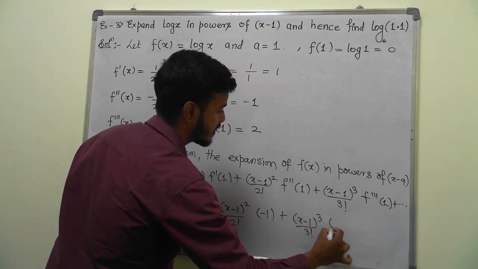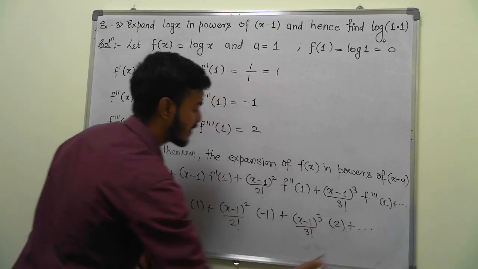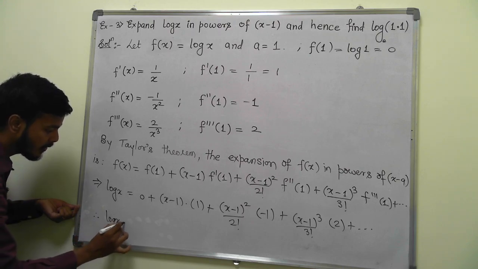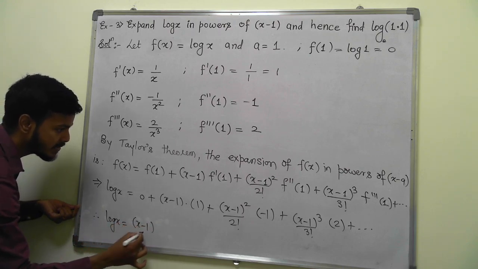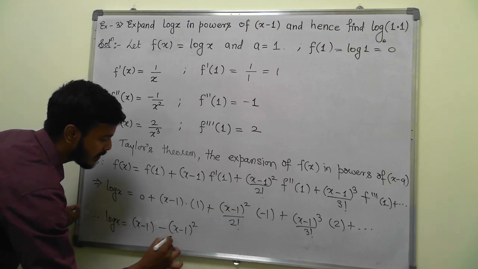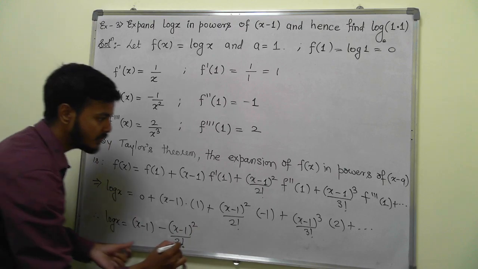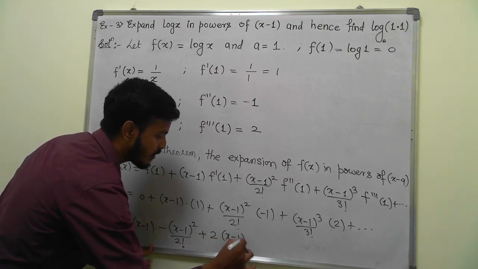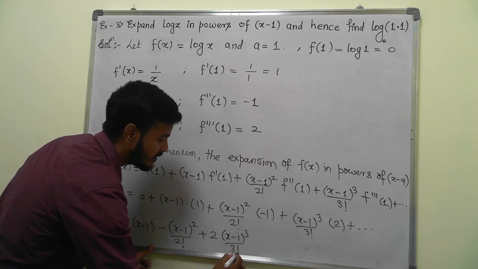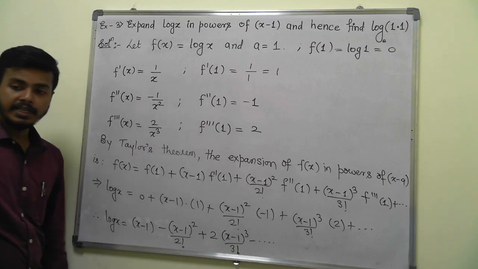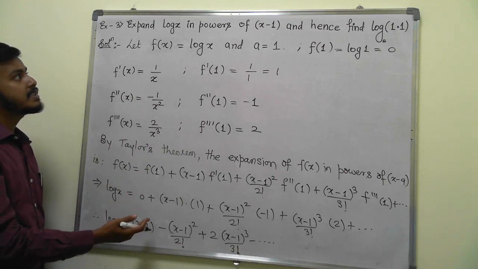And f triple dash of 1 is 2. Now rewrite this. Therefore, log x is equal to x minus 1, minus x minus 1 square by factorial 2, plus 2 times x minus 1 cube by factorial 3, and so on.